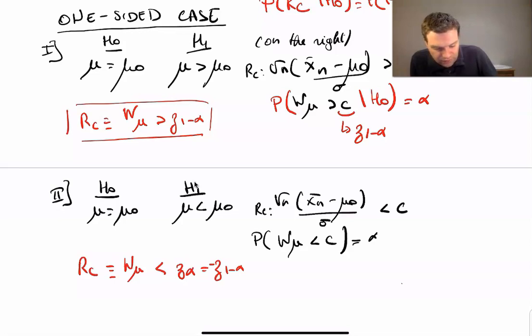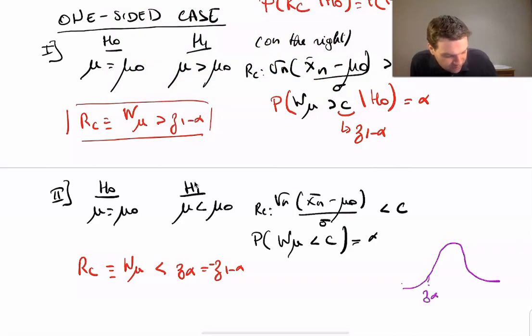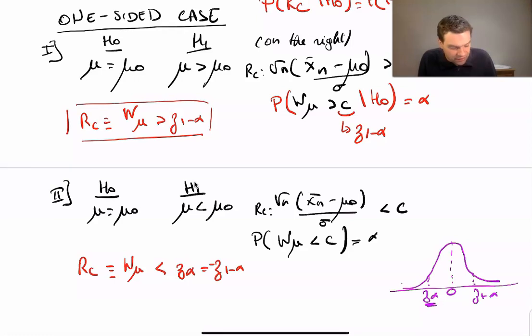As a reminder, we have the normal distribution here. You have here z alpha, here 0, and here z 1 minus alpha, and this z alpha is minus z 1 minus alpha. This is seen in a basic probability course. Here, in this case, we have the rejection region, and it is computed in a very easy way.